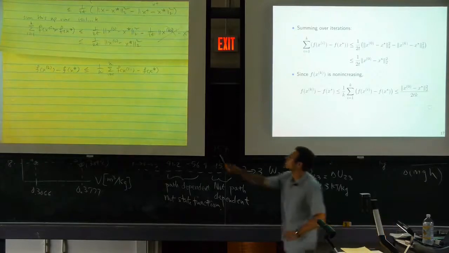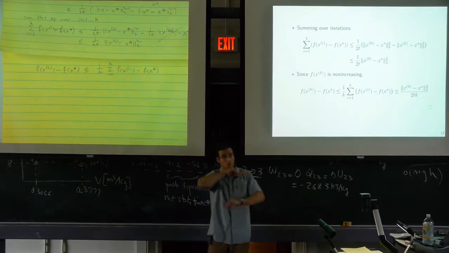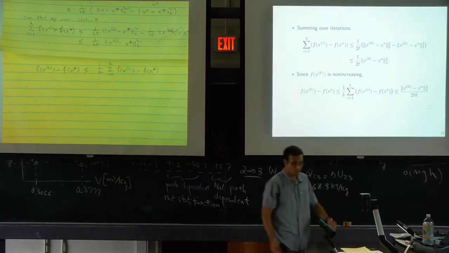Right, because each one of these is at least as big as f of xk, because we were actually decreasing in every iteration, which we could prove.